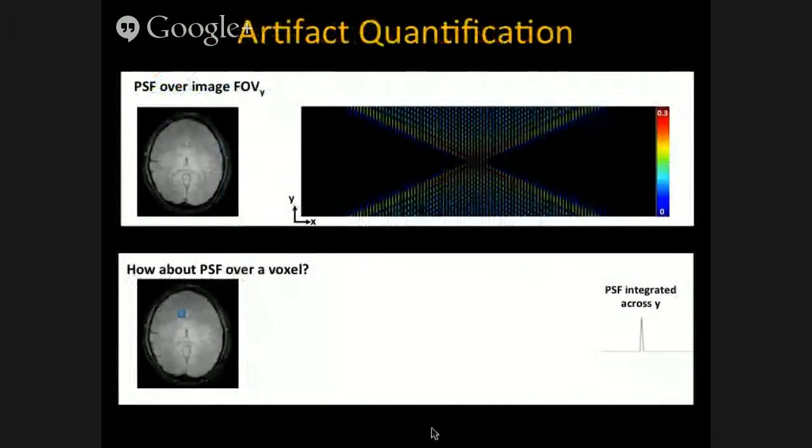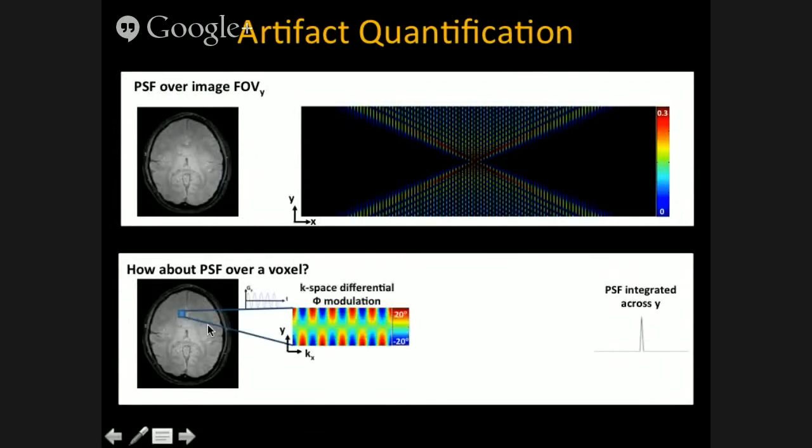And as you recall, we said this point spread function varies as a function of space over the full field of view. But what about looking at a particular voxel? Does it also change within the voxel? If you look at the top and the bottom of a single voxel, we see that there's also some differential phase modulation.